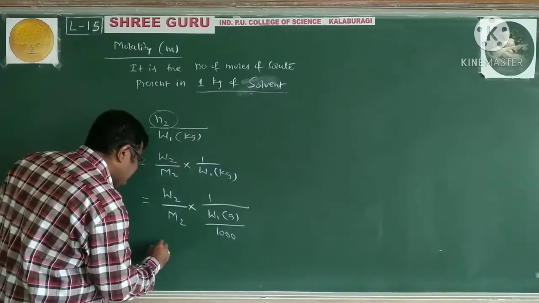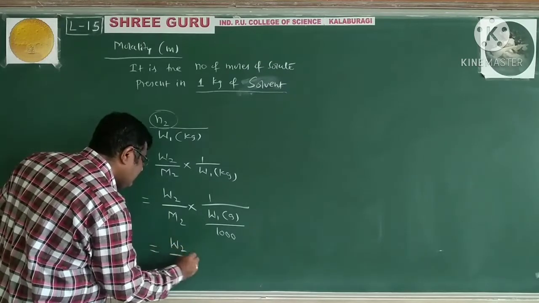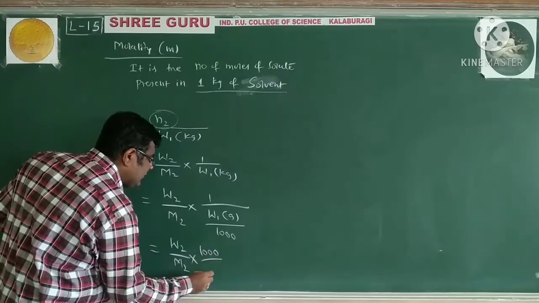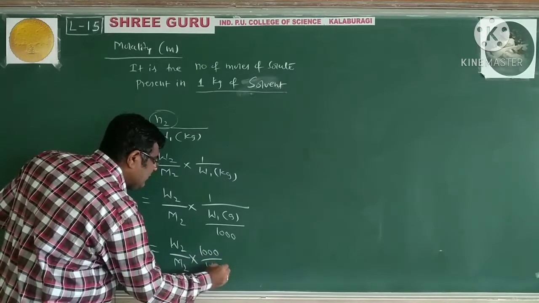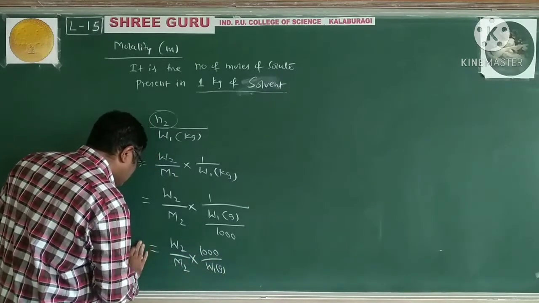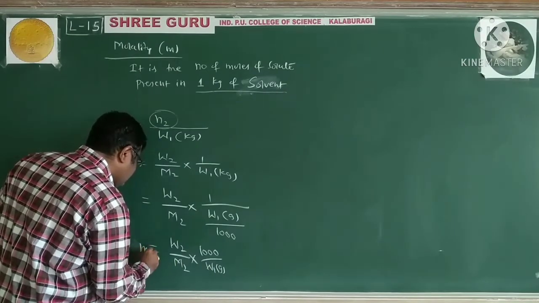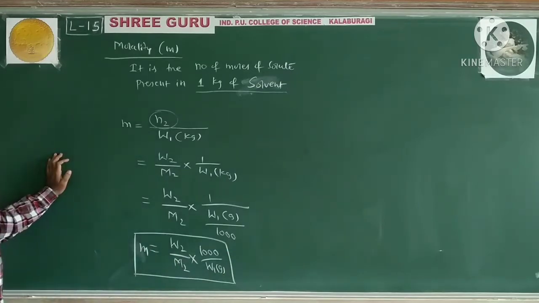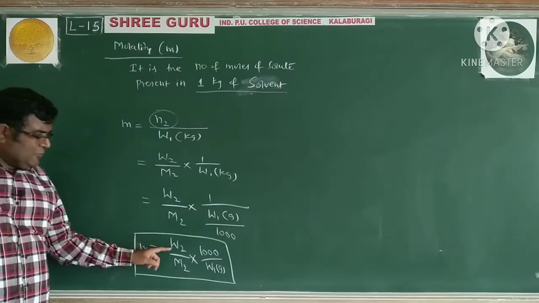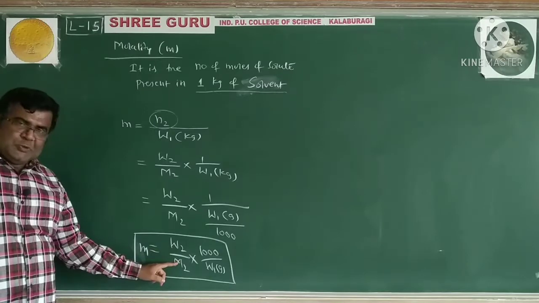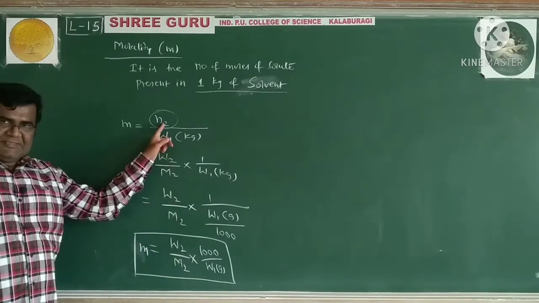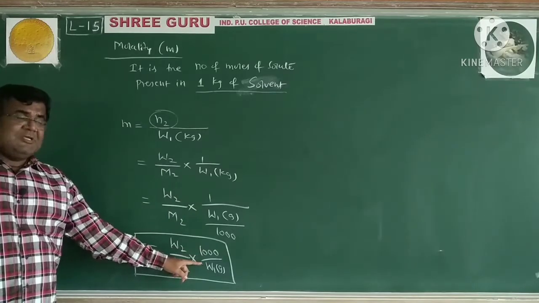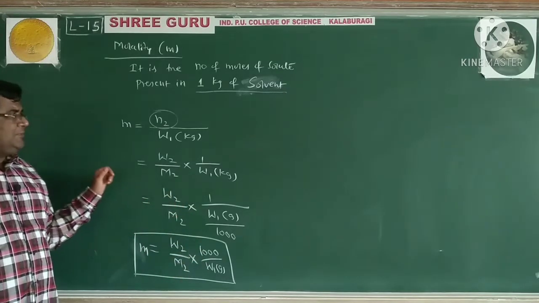So we can write one more step: W2 by M2 equals 1000 divided by the mass of solvent in gram. Here W2 is the mass of solute, M2 is the molar mass of solute, W2 by M2 is the number of moles, and W1 gram is the mass of solvent.